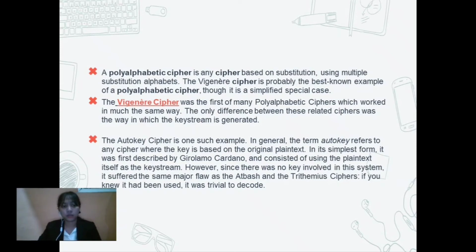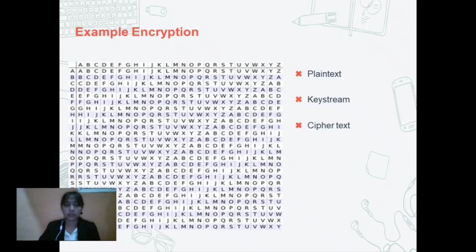So let's jump to the example to encrypt with an Autokey cipher in polyalphabetic. For an example encryption, we are using a plaintext of the word BECOLONY, and the key stream is the word B from the original plaintext.